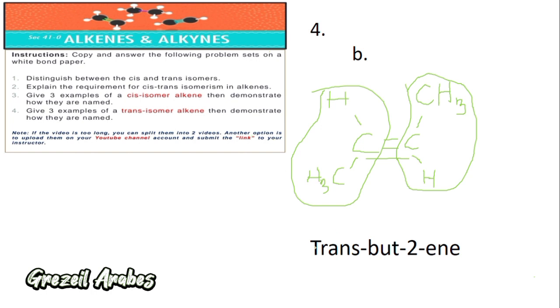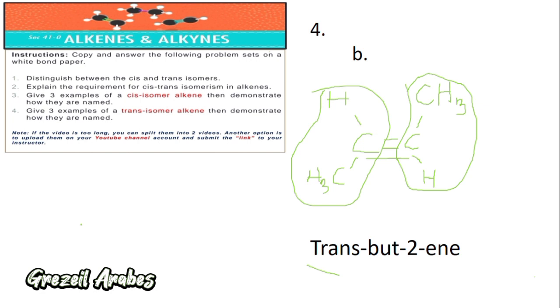However, it is trans, ma'am, because the formula here is across, as the meaning of trans in Latin, cross or on the other side. It is different from cis isomer alkene, ma'am.